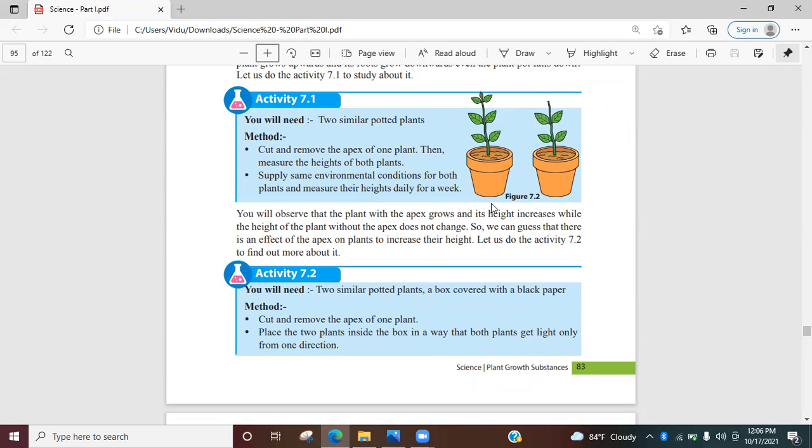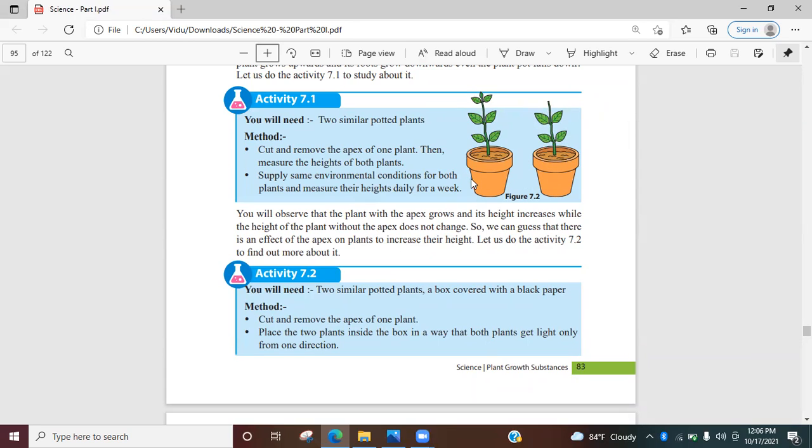In this activity 7.1, you need two similar potted plants, and in one plant you should cut the apex. Apex is this little leaf. You should cut the apex and observe.